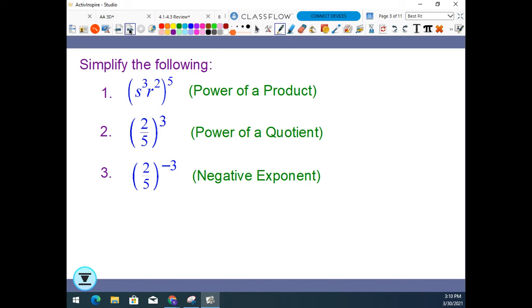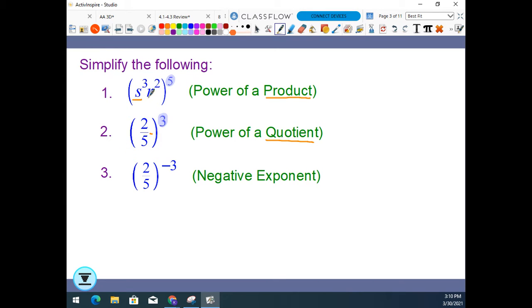Then we have 3 more, a little bit more complicated ones. We have power, meaning this is a power of a product and of a quotient. If we are raising a power of a product or a quotient, we are just going to raise each base. Let me kind of clear this out.